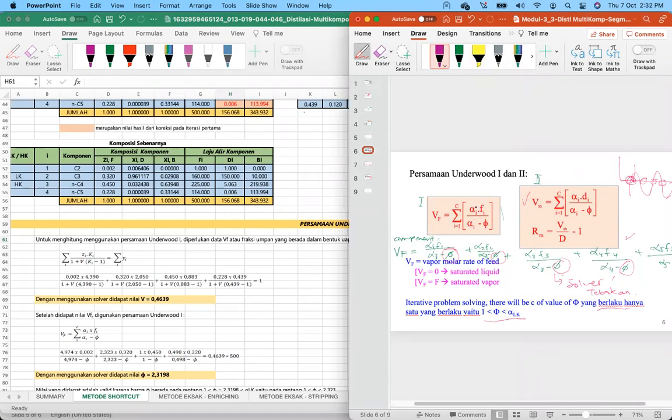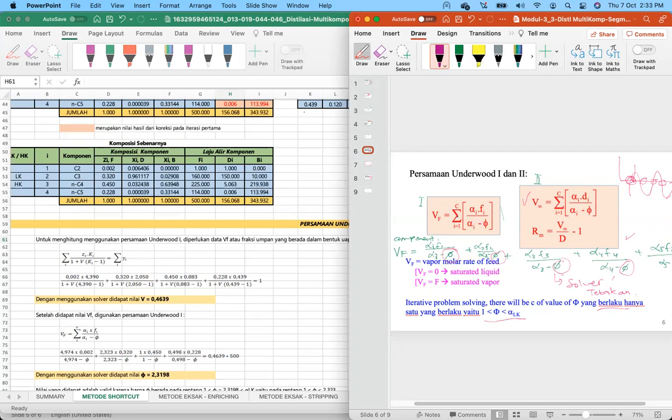So you know the alpha of I in the feed. You also have the Fi, which is the mass of each component in the feed. You also have alpha I, the relative volatility, minus the C that we want to find.